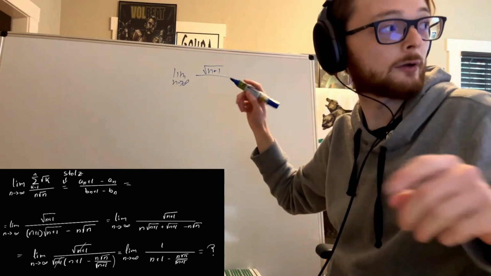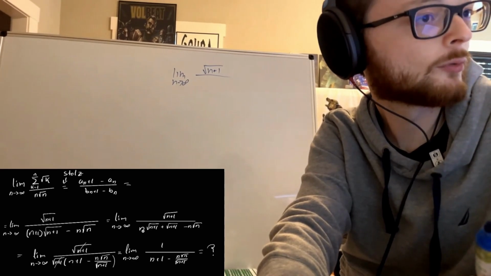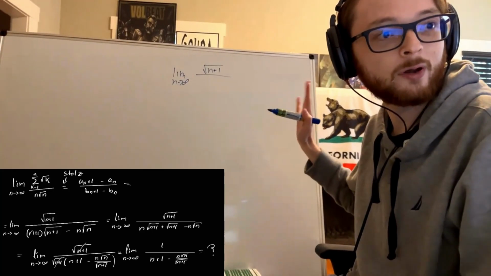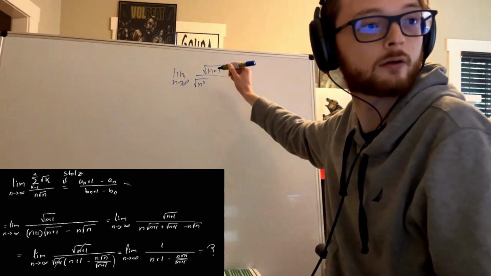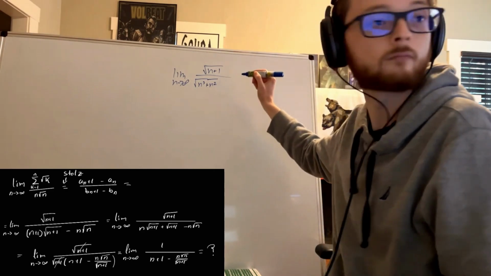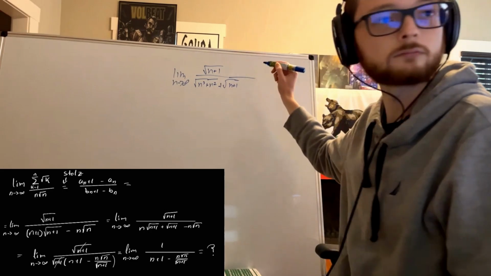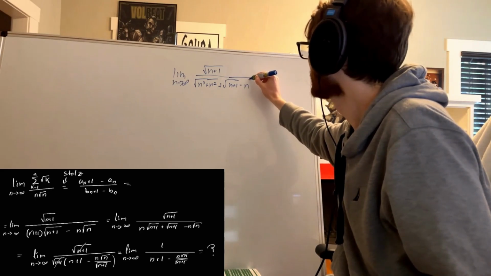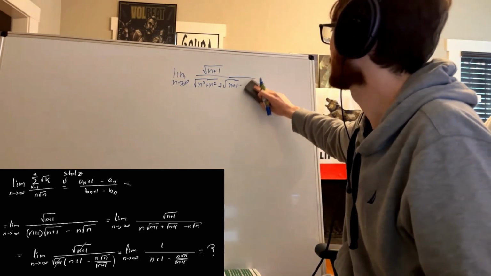Okay, and so now for the bottom, I'm gonna make this n into square root n squared and bring it inside that square root. This feels a little weird, but I think it's going to be a more helpful format. And that n will be n to the 3/2. Maybe I'll write square root n cubed though, just to match.